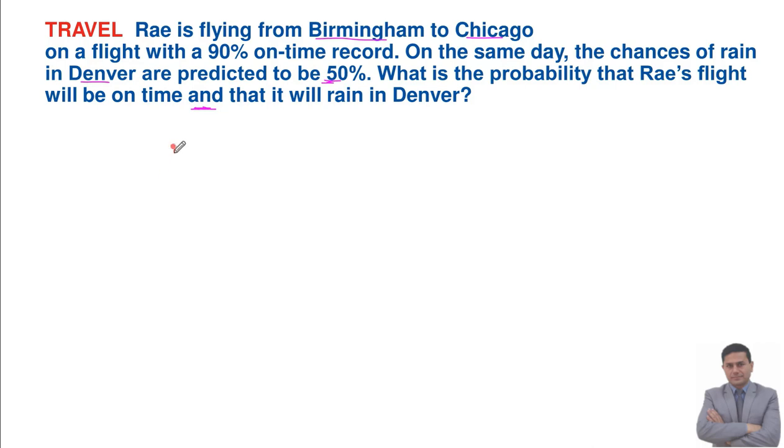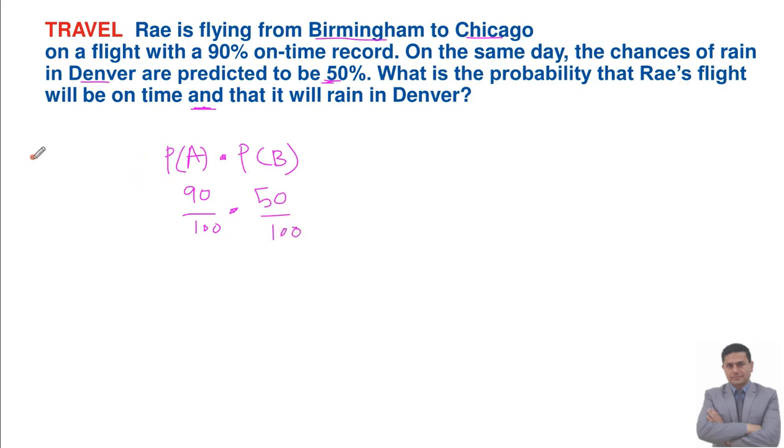So probability of event A times probability of event B. Event A is 90%, which is 90 over 100. Times means multiplication. Event B is 50%, which is 50 over 100.